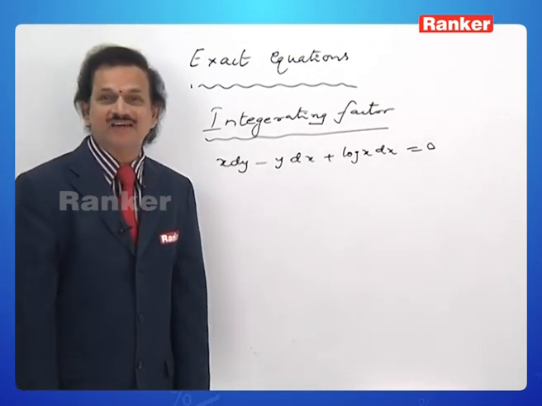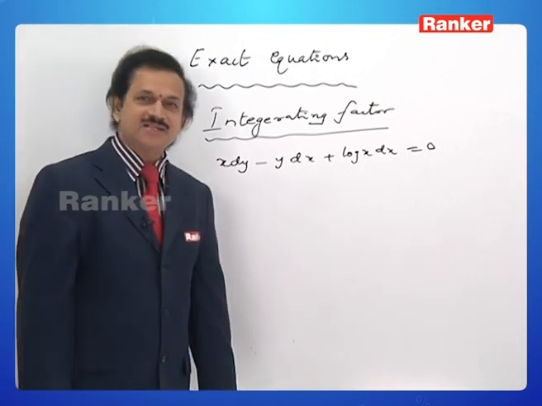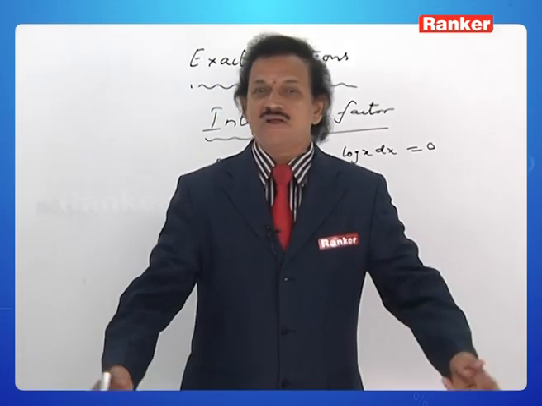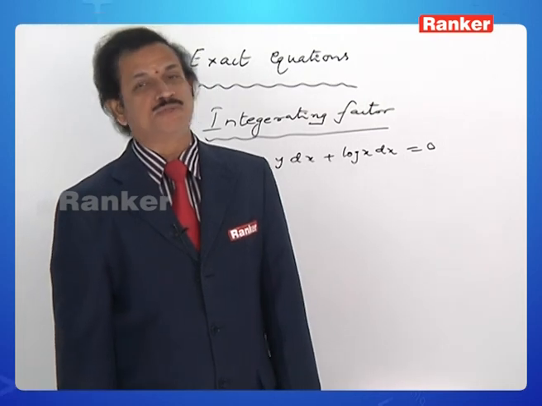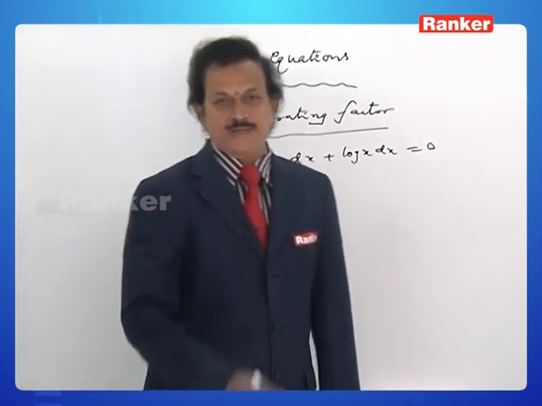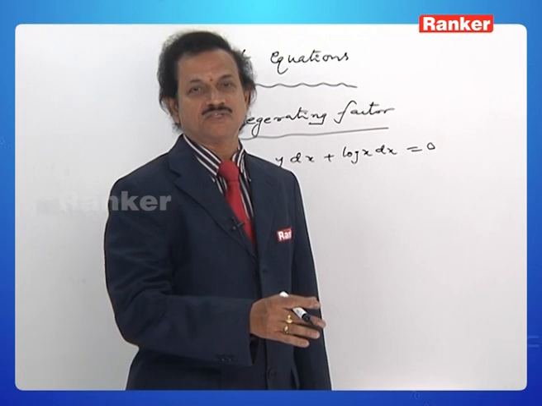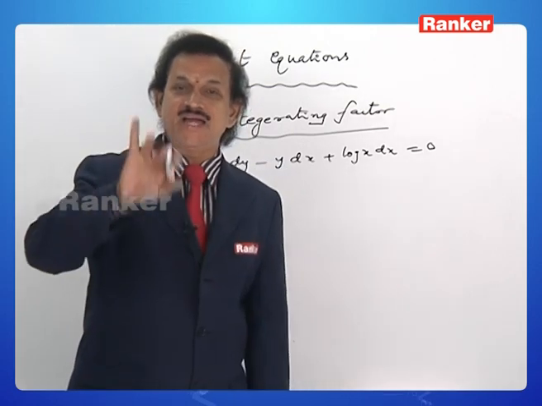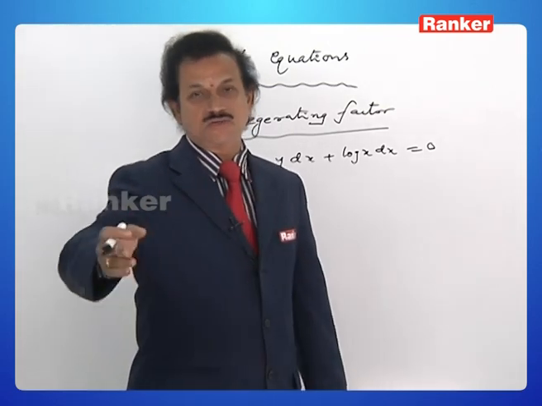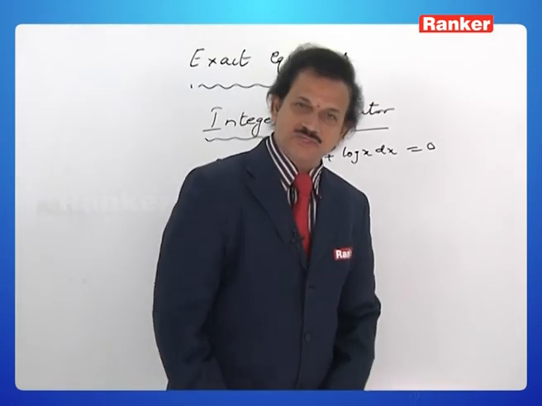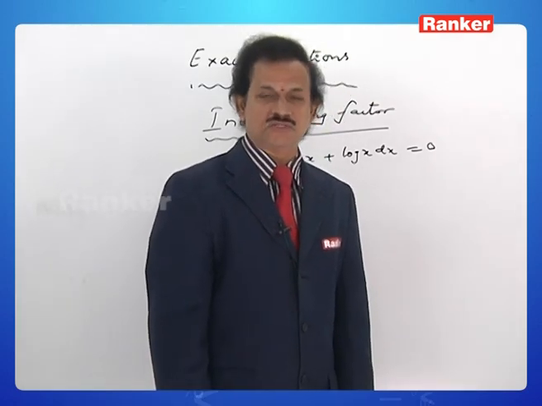At such a situation, you cannot use the solution: integral of M dx with y as a constant, plus integral of N dy terms free of x, is equal to c. That type of solution you cannot use directly.